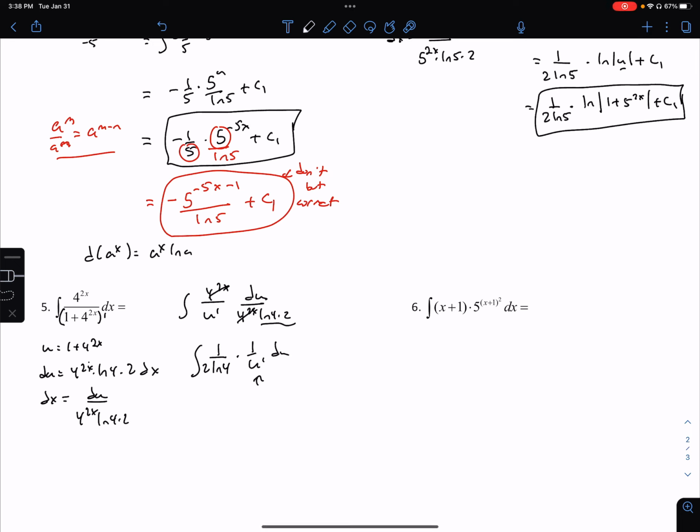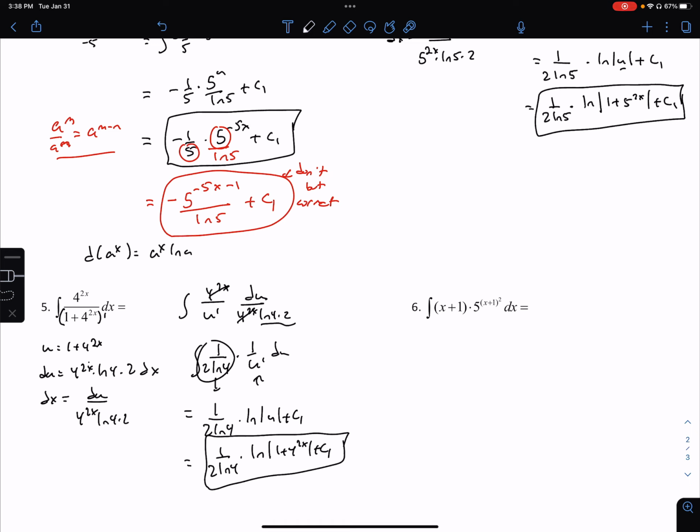And again, that's our natural log. This is just a constant. I can just pull that all out. There's no variable there, just a constant. And we get times the natural log of u plus c1. So we get 1 over 2 natural log of 4, the natural log of u, which is 1 plus 4 to the 2x, plus c1. And there's your antiderivative. Very easy to do. So easy, a caveman can do this.